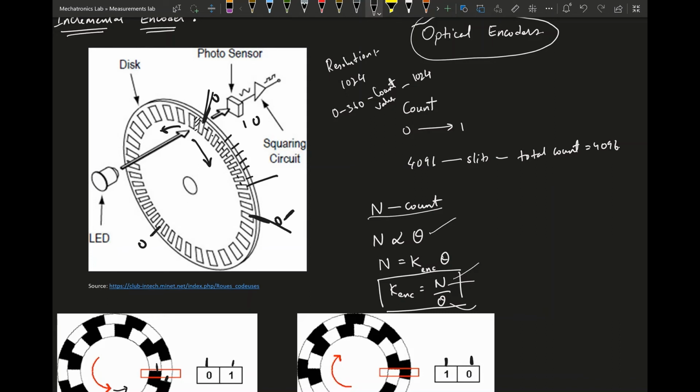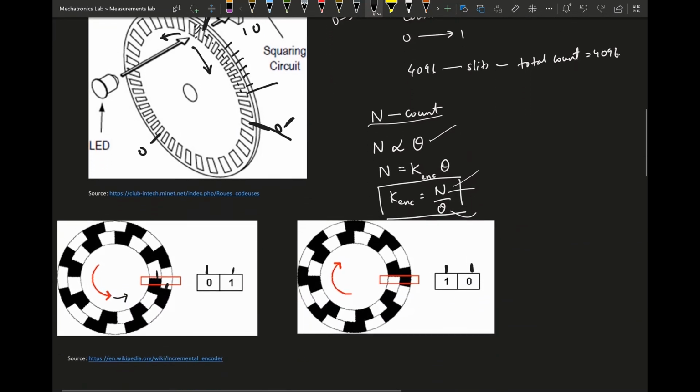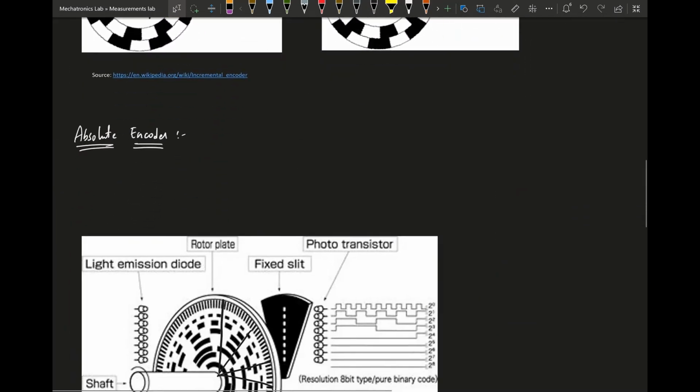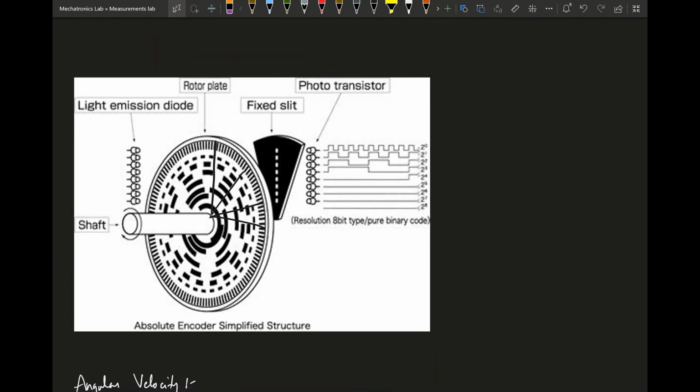So to overcome this, they use absolute encoders, and absolute encoders are designed in a similar way. In absolute encoders, you have the same LEDs and the photosensors, but the disk now has coded slits. So for example, if it's at this angle, it would have a specific code that tells it that the object is at this angle, right?